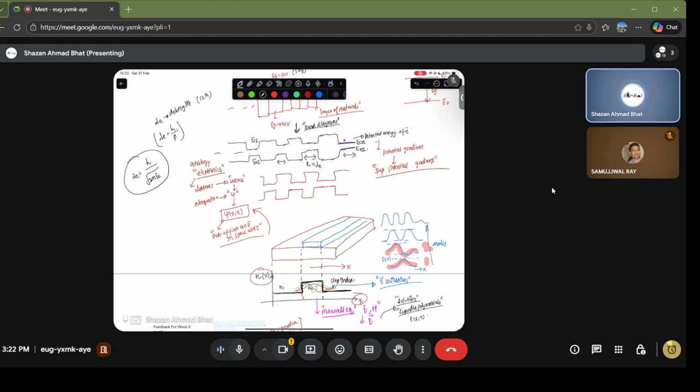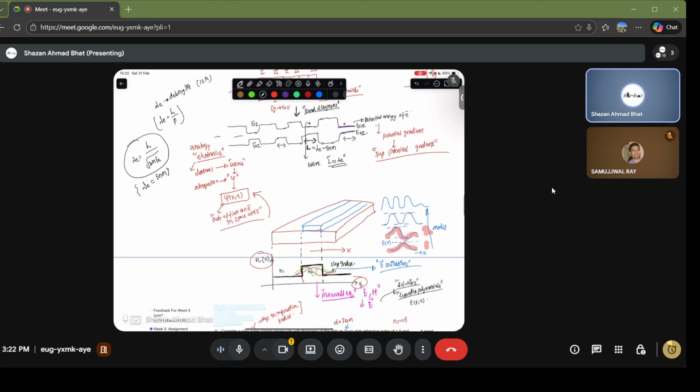If you somehow make this length of the order of the electron wavelength, and if you compute it, it will be different for different systems, but let's say the electron wavelength comes out to be of the order of 5 nanometers. If you exactly make this length 5 nanometers, what you're going to see is that if the electron is here, it will not behave as a particle, it will be a wave, because the length is now of the order of the wavelength.